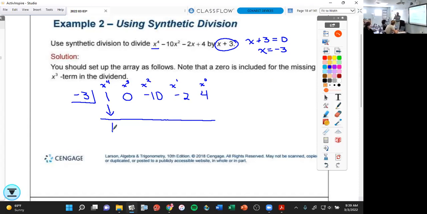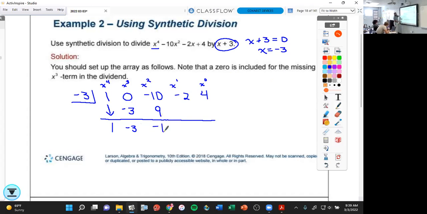Multiply, combine. That's all I'm going to do. So multiply. Negative 3 times 1 goes right here. Combine those. Multiply. Negative 3 times negative 3. 9 goes right here. Combine.